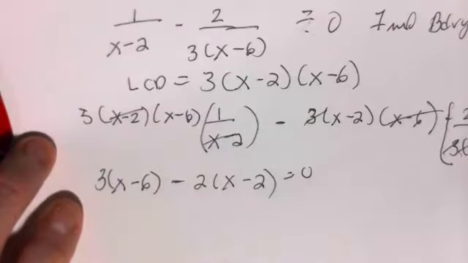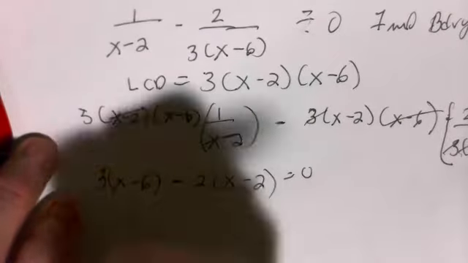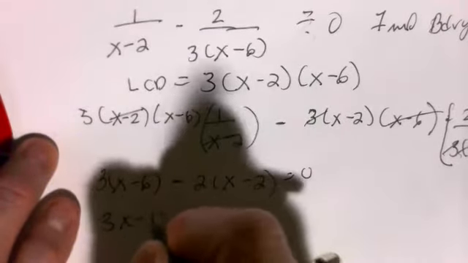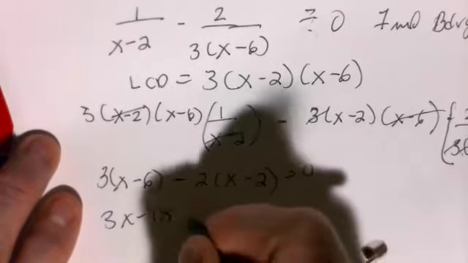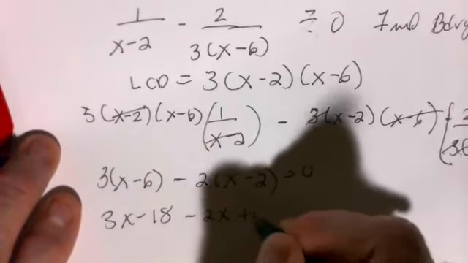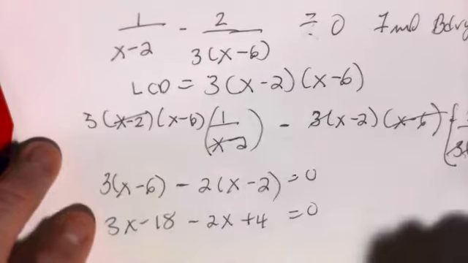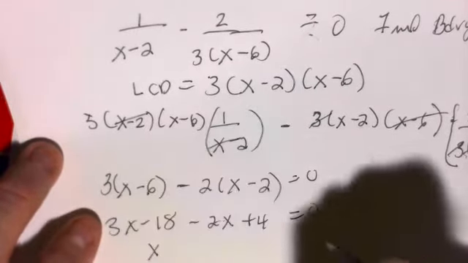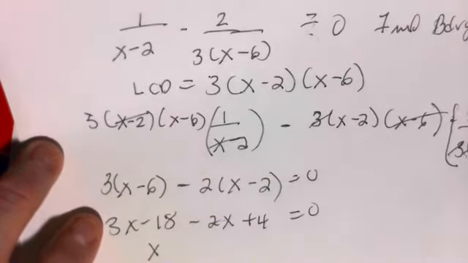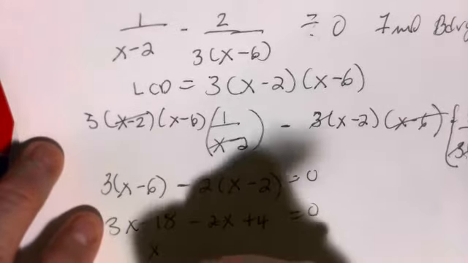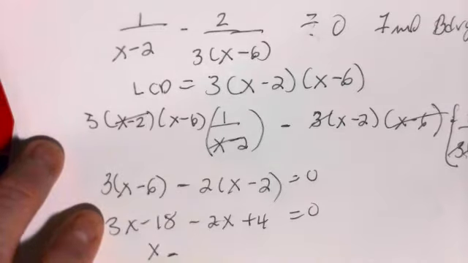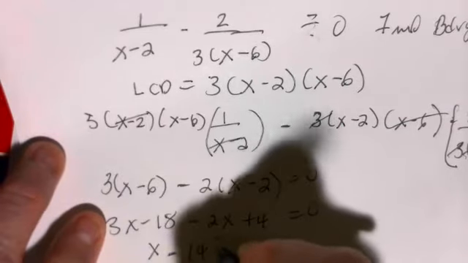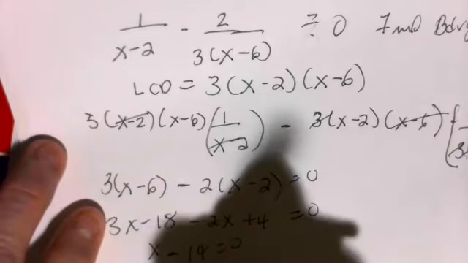So we've got 3x minus 18 minus 2x plus 4 equals 0. So 3x minus 2x, that's an x. And then minus 18 plus 4, that's minus 14 equals 0. So we get x equals 14.